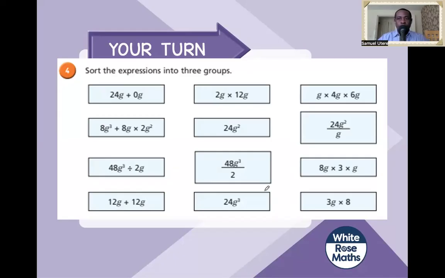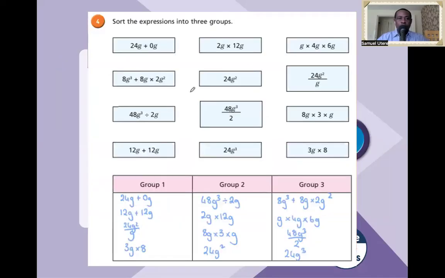Assuming you've paused the video and you've answered the questions, here are the answers. So here you were asked to sort the expressions into 3 groups. All right. So sorting them into 3 groups means sorting them into groups that will give you the same result. Okay.